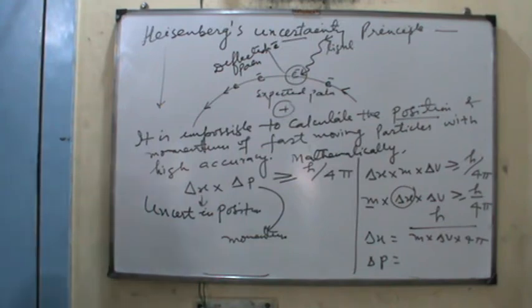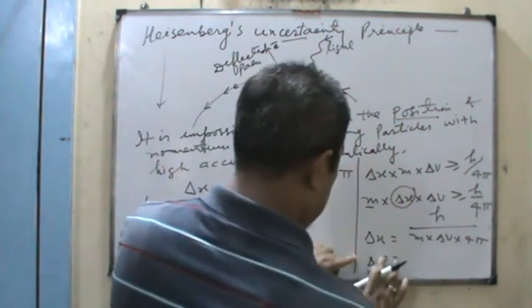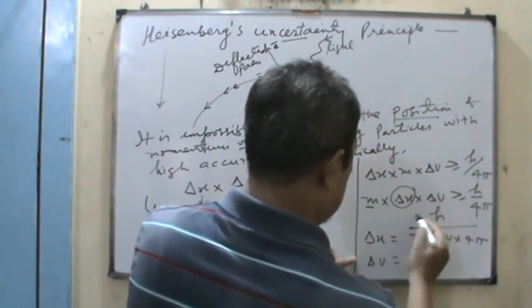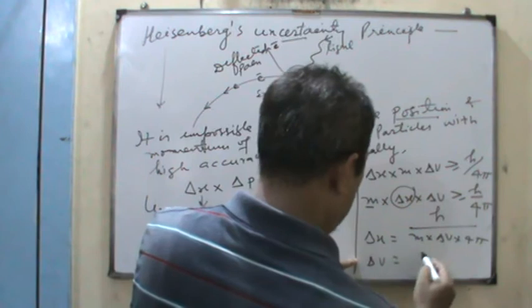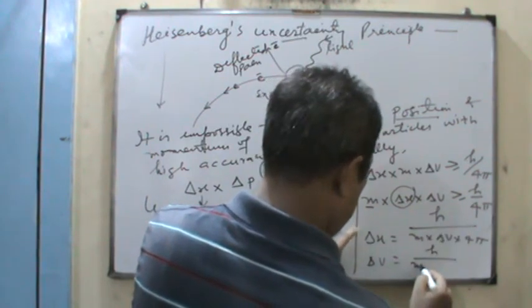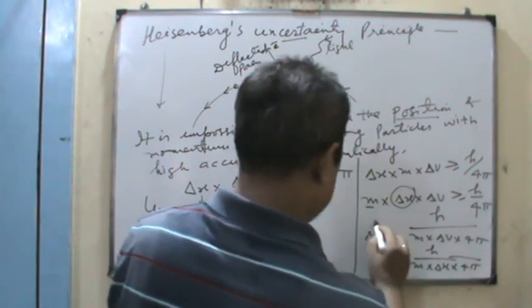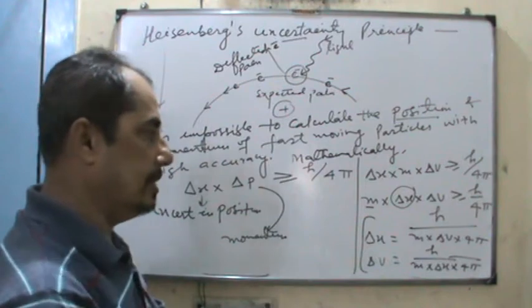Then if you want to calculate the velocity, then h upon m into delta x into 4 pi, the way you can calculate this and this.